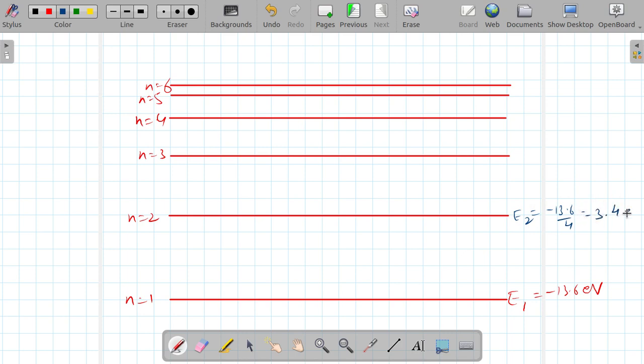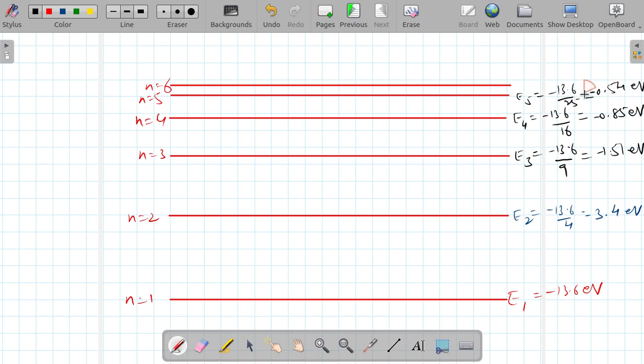So it is minus 3.4 electron volt, and E3 is minus 13.6 by 9, nearly equal to minus 1.51 electron volt, and E4 comes out to be minus 13.6 by 16, and it is minus 0.85 electron volt, and here E5 is equal to minus 13.6 by 25, nearly equal to minus 0.54 electron volt, and here E6 is minus 13.6 by 36, so it is nearly equal to minus 0.378 electron volt, right?